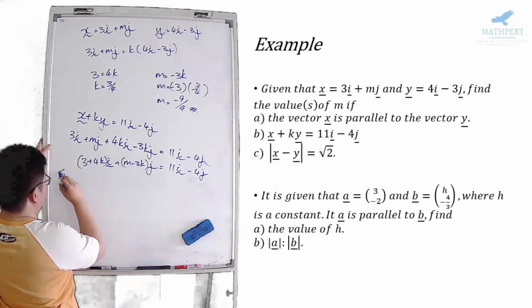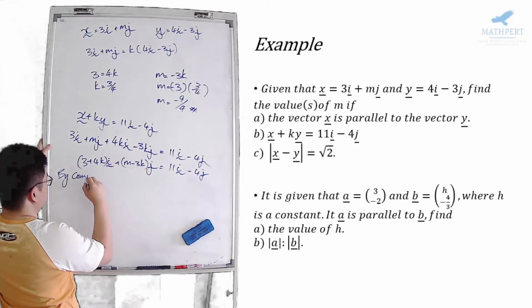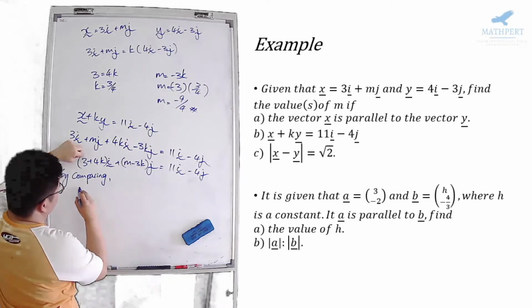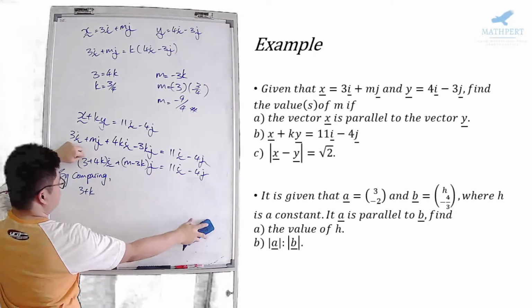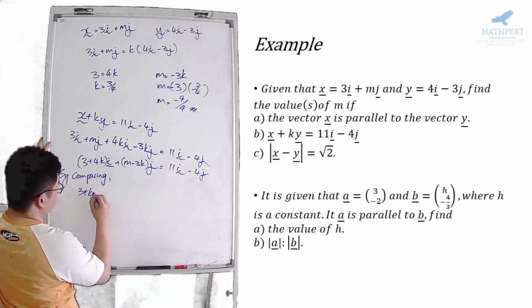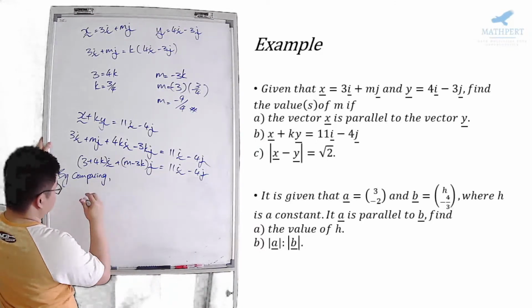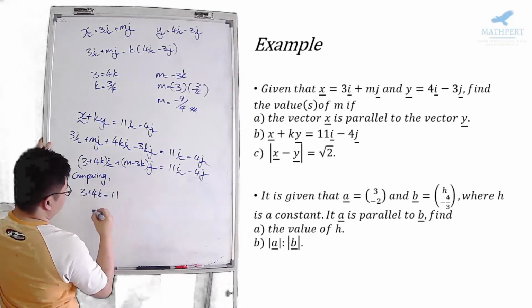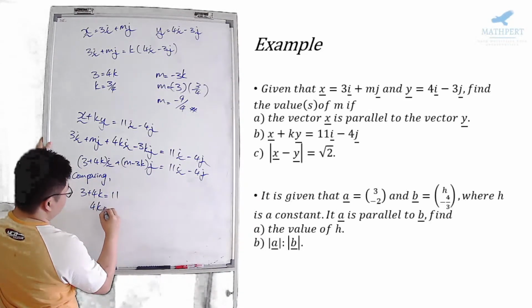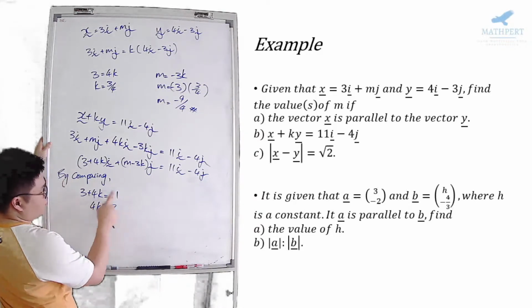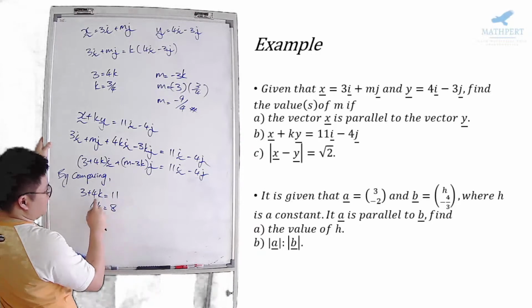So by comparing, 3 plus 4k is equal to 11. So 4k is equal to 8. Okay, 3 moves to here becomes minus. 11 minus 3 is 8.